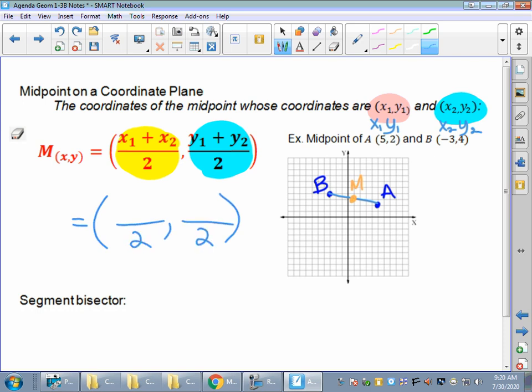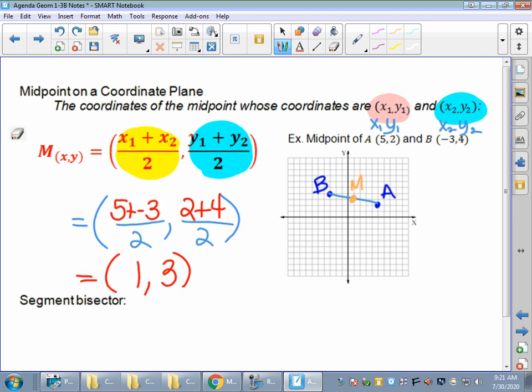my midpoint is, really we're taking the average of our x's. So my x1 plus x2 would be 5 plus -3. y1 plus y2 would be 2 plus 4. So that means that my midpoint is going to be at 5 plus -3 is 2, divided by 2 is 1. 2 plus 4 is 6, divided by 2 is 3.